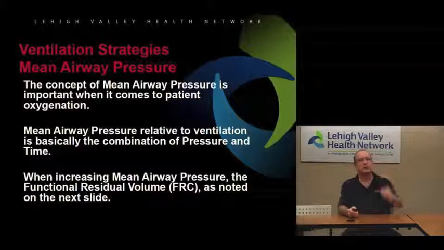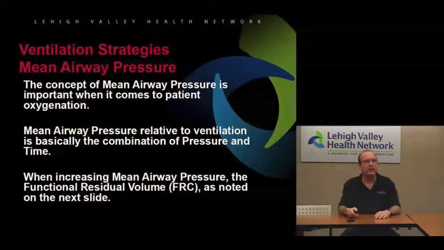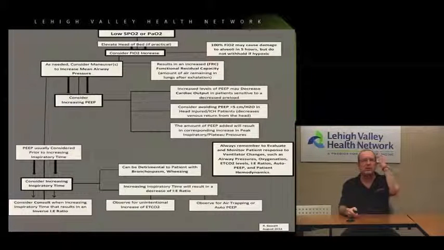It's very similar to your mean arterial pressures in a way, except that it also factors in time. So when you think of your mean arterial pressures, it's an average, more or less, of your systolic and diastolic blood pressures. Your mean airway pressure is really just an average of your airway pressure over time. I hope that makes a little bit of sense.